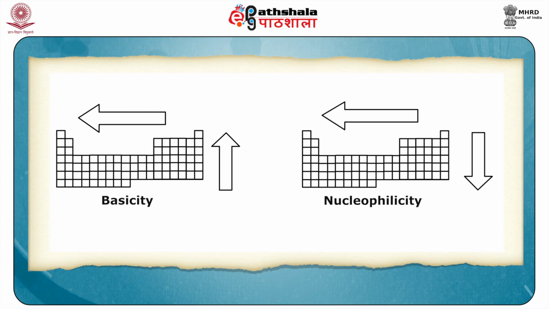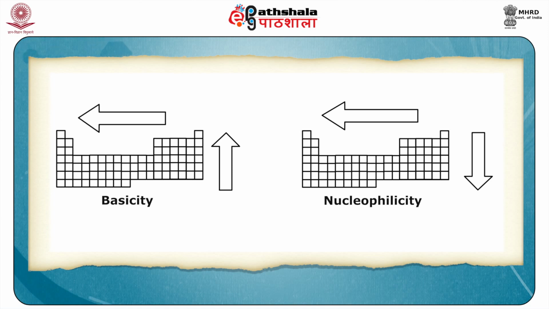That is how the central atoms of those species which act as nucleophilic centers are arranged in this periodic table. And you can see here that as we move from right to left of the periodic table, both the basicity as well as nucleophilicity is increasing. But as you move from top to bottom, the nucleophilicity is increasing but basicity is decreasing. So this is very important when you are trying to compare the nucleophilicity and basicity of the species.